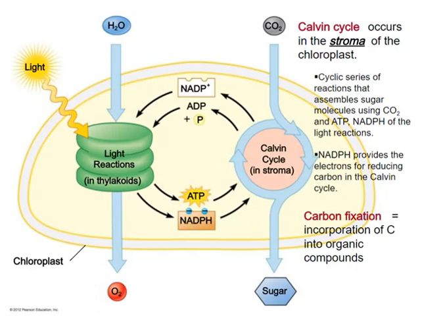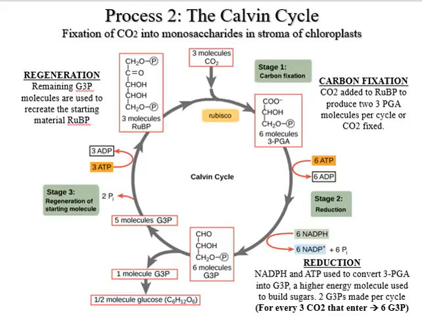So carbon will enter the cycle as carbon dioxide. It leaves as a sugar. Again, that sugar product, more specifically, is a 3-carbon sugar called glyceraldehyde 3-phosphate. All right, so let's talk about what actually goes on, right? The nitty-gritty steps.